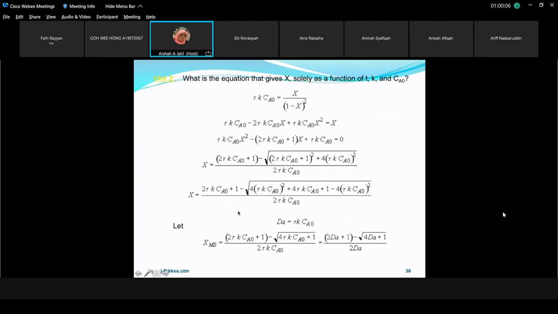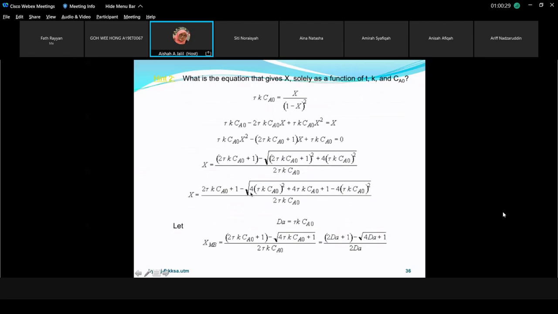This is how to calculate the X from this one. You know about this one? Yeah, negative b plus or minus square root of b squared minus 4ac, something. This one for X. And then they get the X equal this one.